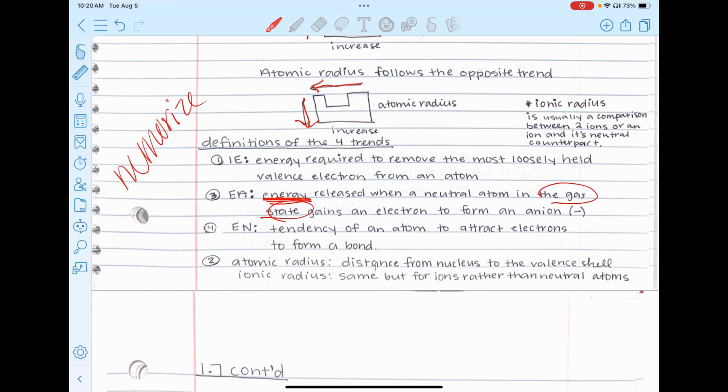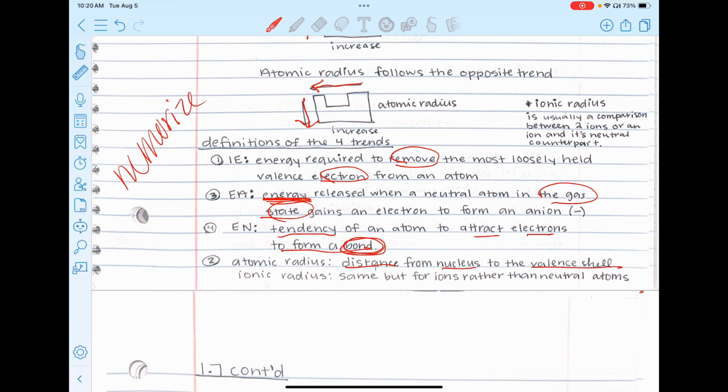Electronegativity is a tendency, not an energy. This is different. It's the tendency of an atom to attract electrons to form a bond. Okay, so this one's about bonding and attraction of electrons. Ionization energy is about removing electrons and how hard that is to do, how much energy it takes. Electron affinity is about the energy change overall when we form an anion. Radius is simply what you think it is. Radius is the size, and we define that as the distance from the nucleus to the valence shell.